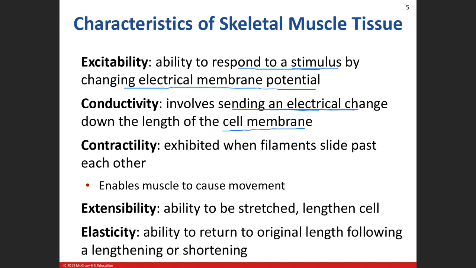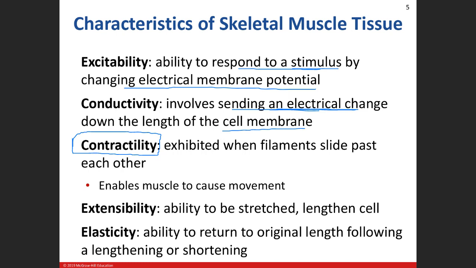Right? Now, a neuron doesn't have this next characteristic. It can't contract. It can't change its shape. But a muscle can. So this one here, we're going to be spending a lot of time on, not today, in a later lecture period, is contractility. This is where we're going to learn about the power stroke, the sliding filament theory, how we'll move two different contractile protein filaments past each other to actually cause a muscle to shorten and contract.